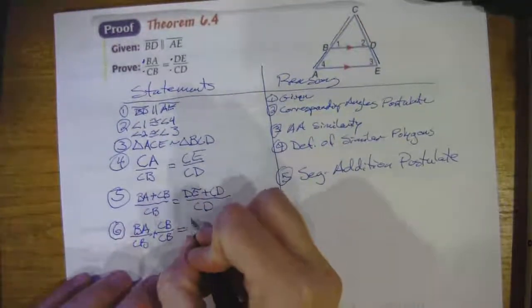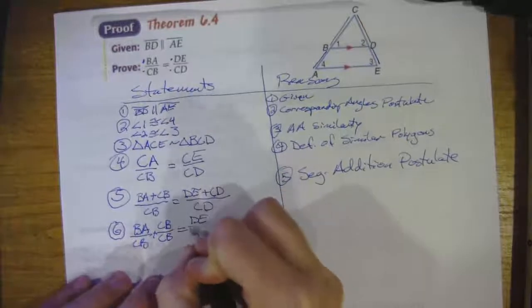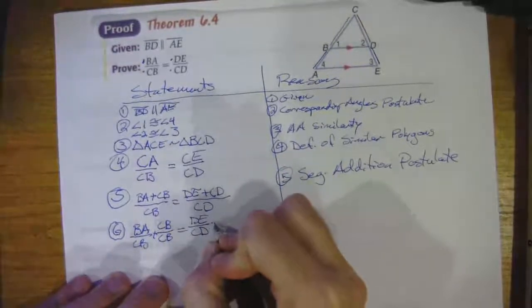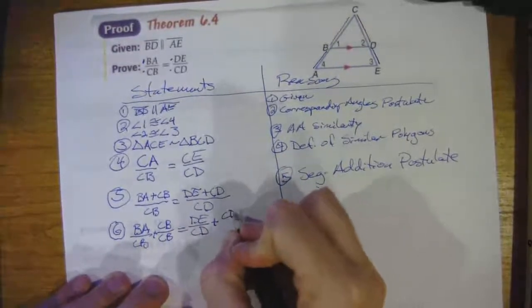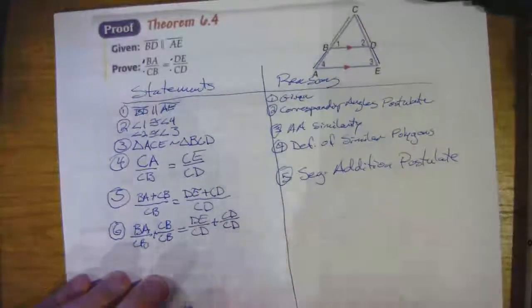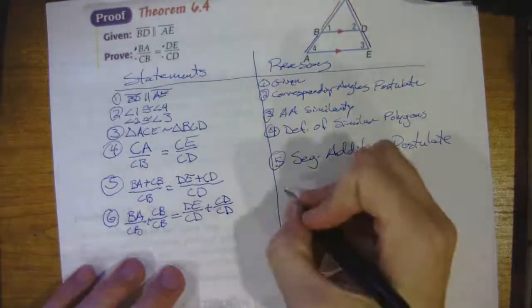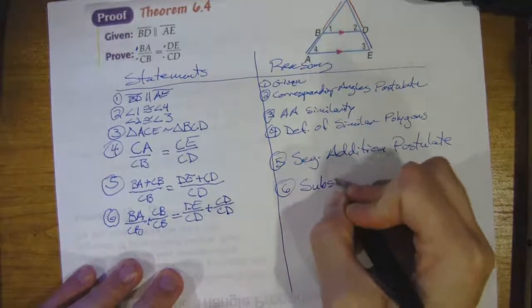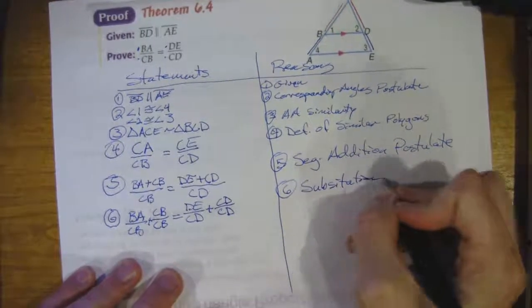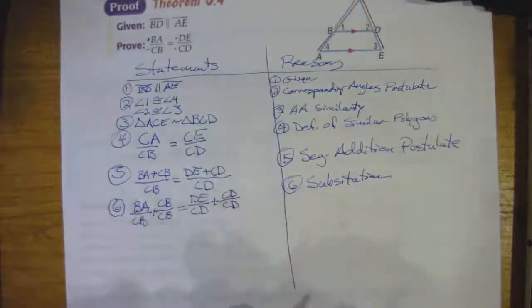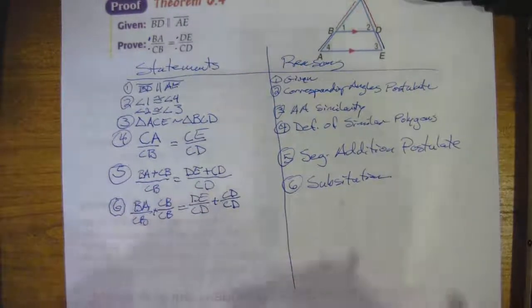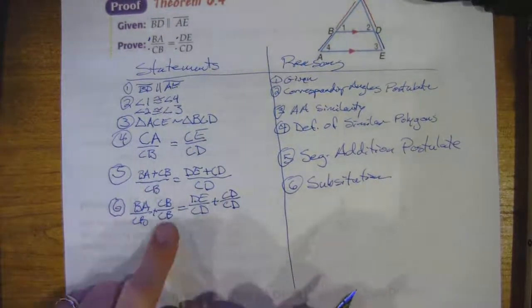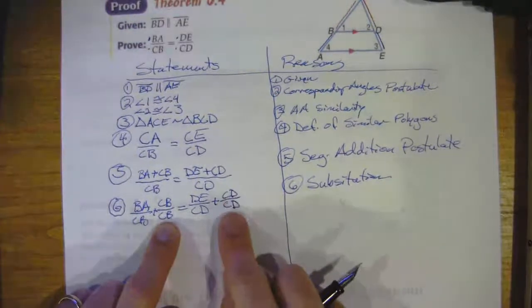We'll do the same thing over here. DE over CD added on to CD over CD. And again, we could say that's simply a substitution step. All we're doing is rewriting that addition out. So we took it from here, it's just a substitution step. I notice I've got CB over CB and CD over CD.